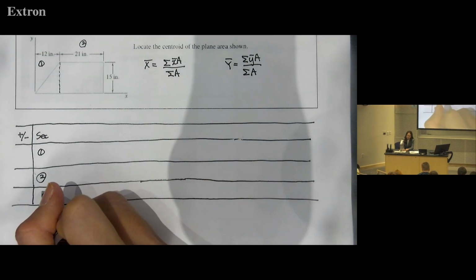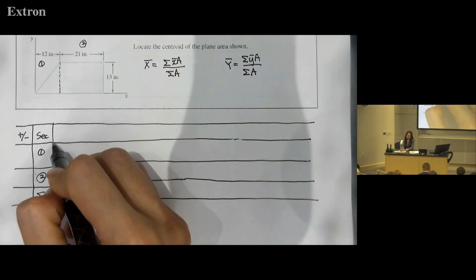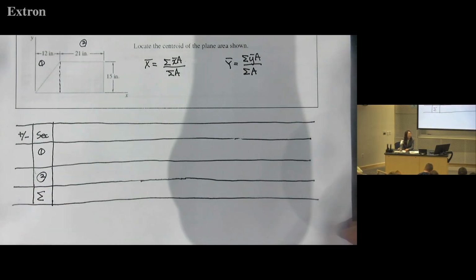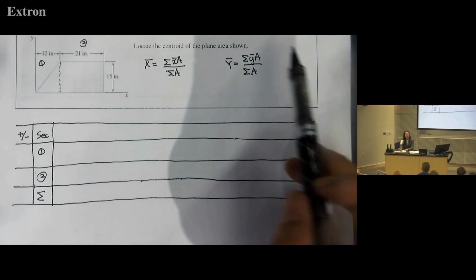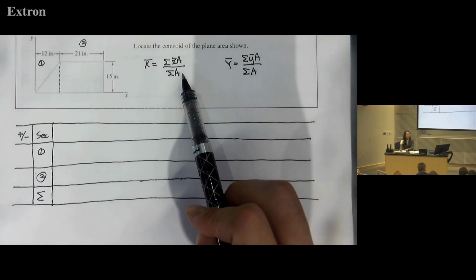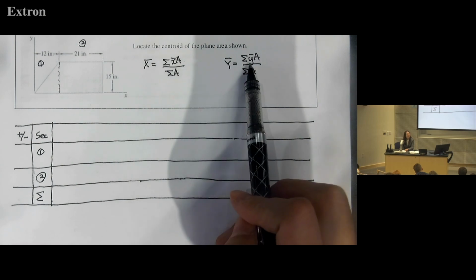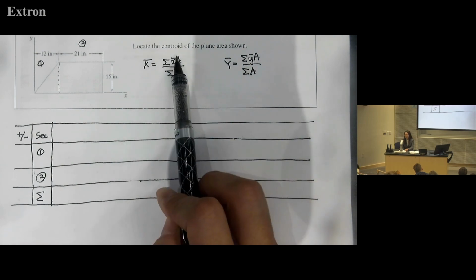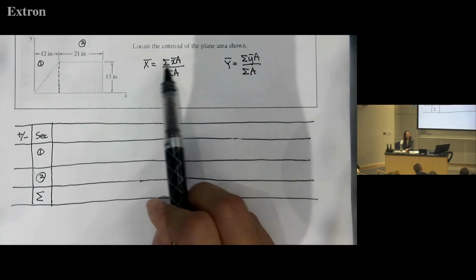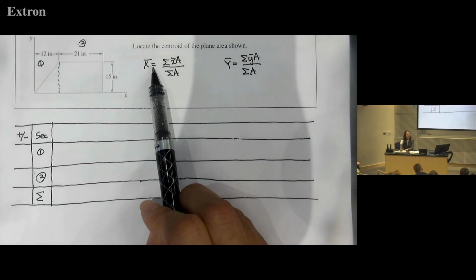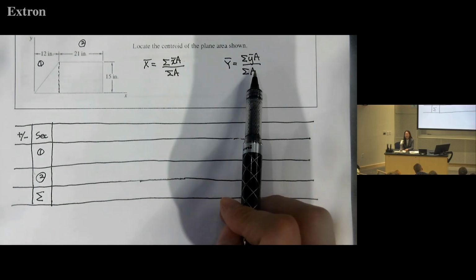And then the last row as sigma. And then we'll calculate the area of each section, and then X bar and Y bar of each section. And then multiply these two with each other, sum them up, and calculate X bar and Y bar. So that is the procedure.